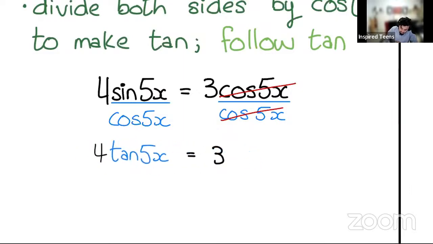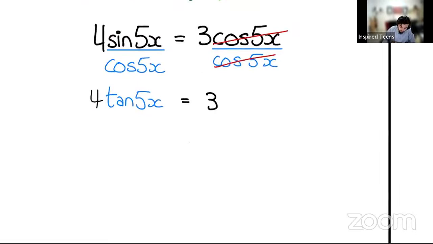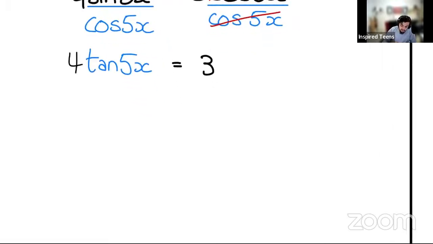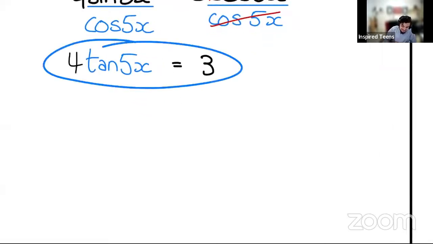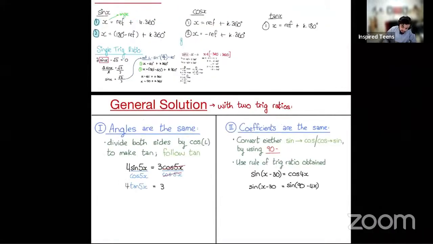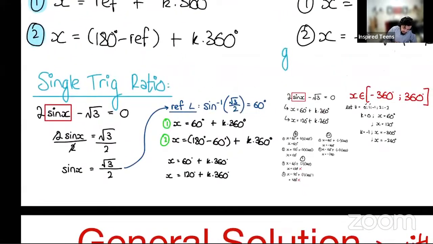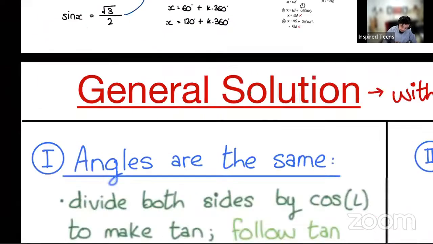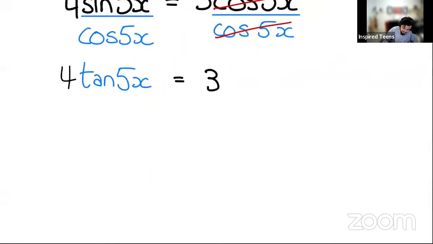Now we've taken the two trigonometric ratios and simplified them into one trigonometric ratio. So now we have an equation with a single trig ratio, and we solve just like how we solved before: isolate the trig function and then solve for the general solutions. So let's do that. Isolate this guy.